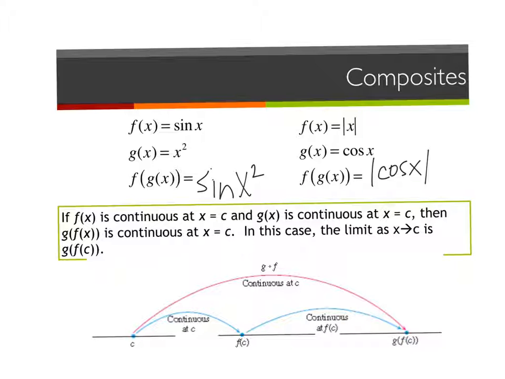Okay, absolute value of x is continuous, and cosine x is continuous, so the absolute value of cosine x will be continuous. And we can check it by graphing them. But if I looked at just the absolute value of cosine x, I'd have no idea what that looks like. And I'm pretty good at imagining most graphs in my head. Actually, I guess it would be pretty simple, because cosine is like this, and absolute value just bumps it up.